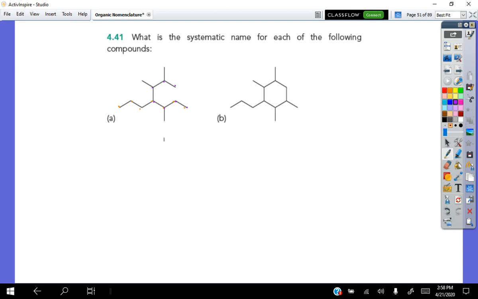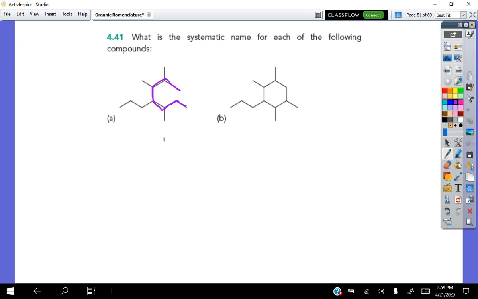So this one that I started in purple ends up with 1, 2, 3, 4 substituents, and that would be the better parent chain. So my parent chain here is going to be this one. Now I have to number my carbons, and I need to number in such a way so that my substituents have the lowest possible numbers.